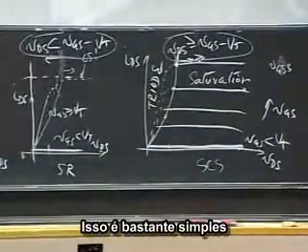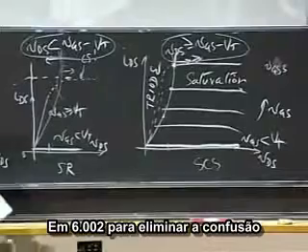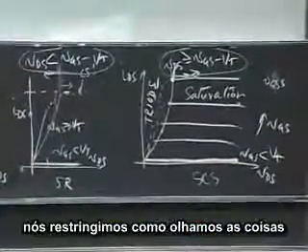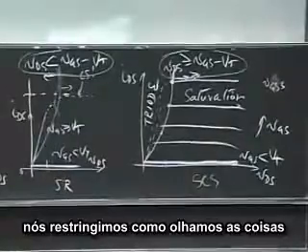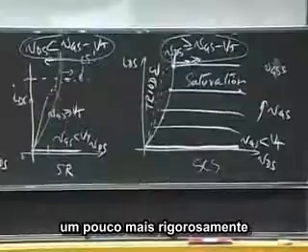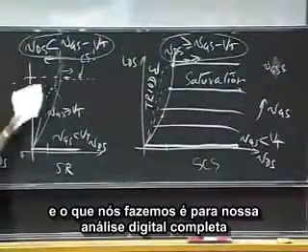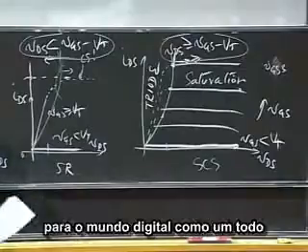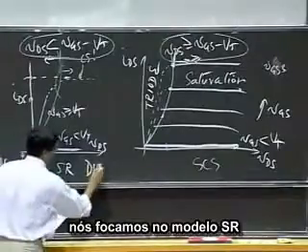Okay, that's simple enough. In 6002, to eliminate confusion, we constrain how we look at things a little bit more stringently. And what we do is that for our entire digital analysis, for the entire digital world, we focus on the SR model.